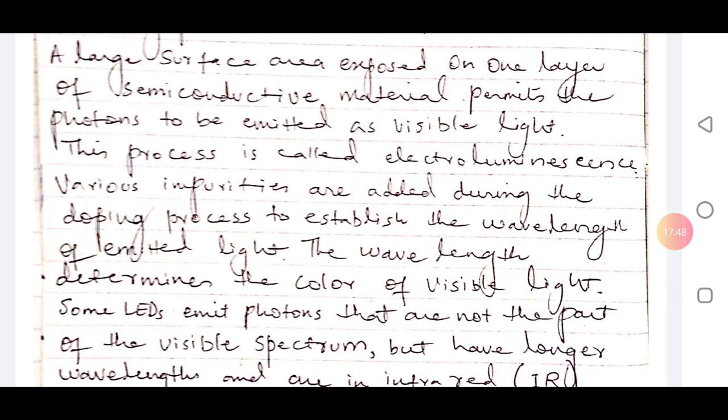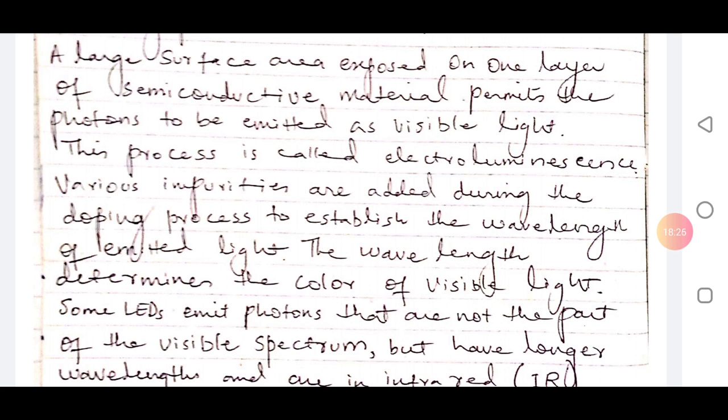So there is a surface area of that semiconductor material, and when the large surface area is exposed, it emits light. Basically, when electrons jump towards the p-type material, which is a semiconductor material, this exposure of electrons towards the p-type material emits light, which is called visible light in the form of photons.